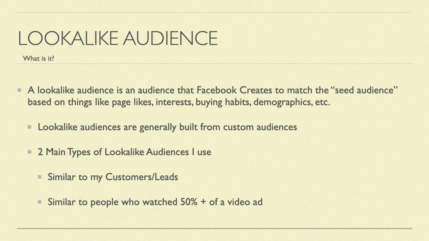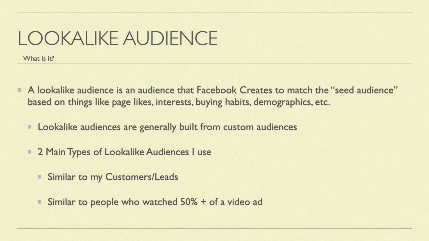Now, the other lookalike audience I might use, and this is especially important early on in new campaigns, is I might create a lookalike audience of people who are similar to the people who've watched 50% of a video ad. The reason this is important is because when I'm first starting a campaign and I'm spending money, I'm generally not going to be profitable in the beginning.